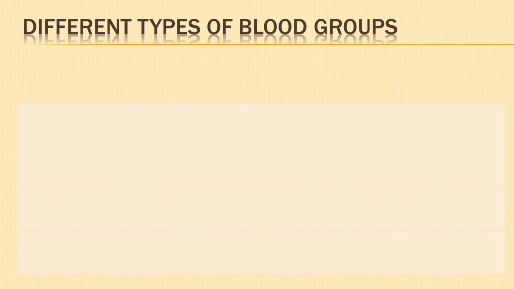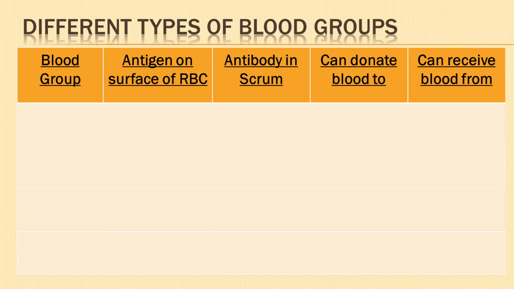Now, next, let us learn about the different types of blood groups. Blood groups have been classified into A, B, AB, and O based on the presence or absence of antigen A and antigen B. Blood group A has on the surface of RBC A antigen, a glycoprotein, and plasma has B antibodies.